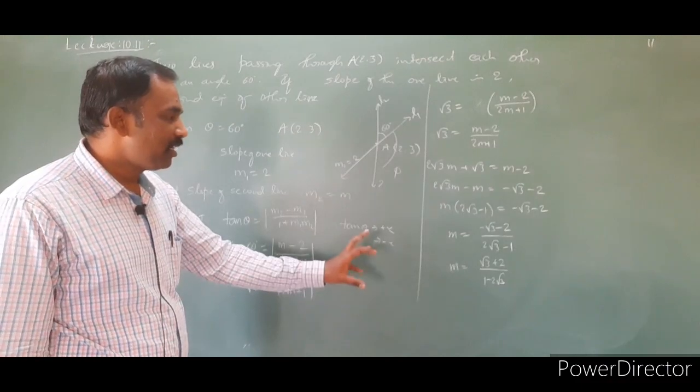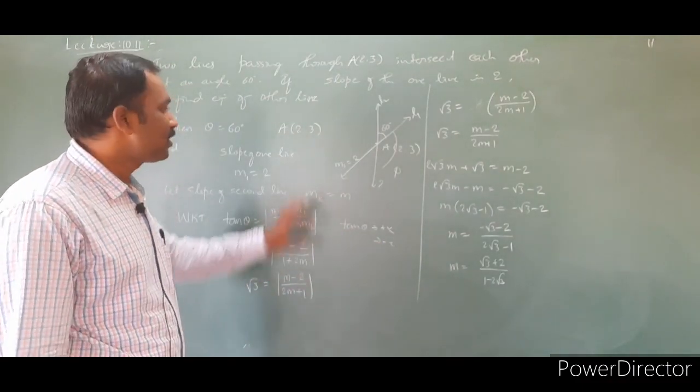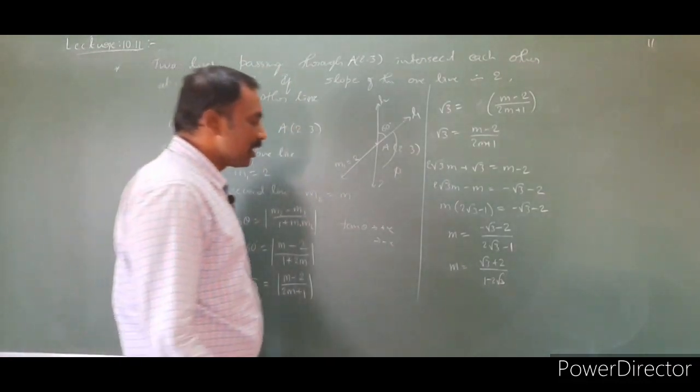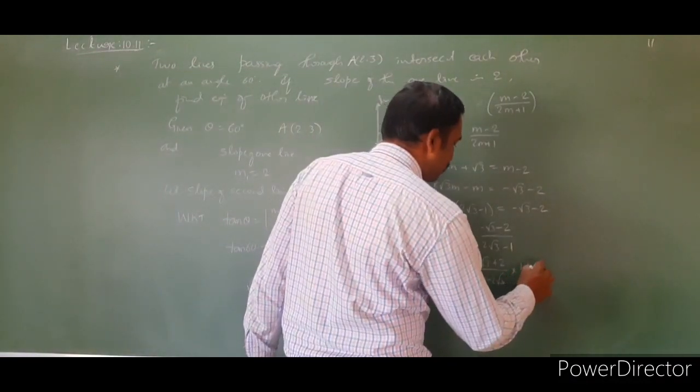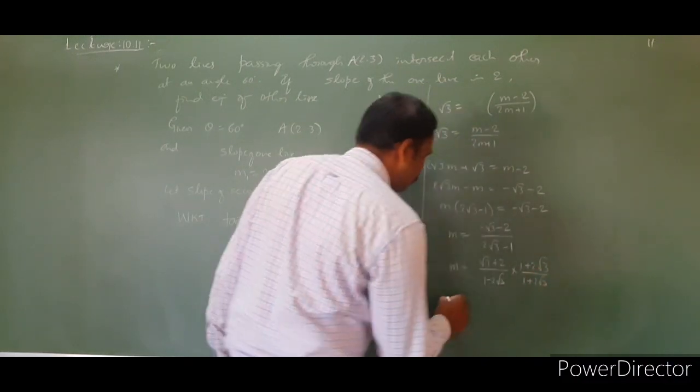If you are getting a little bit of complication in the simplification when I substitute in the equation of the line, just rationalize it. What is the rationalization? Multiply by (1 plus 2 root 3) divided by (1 plus 2 root 3).